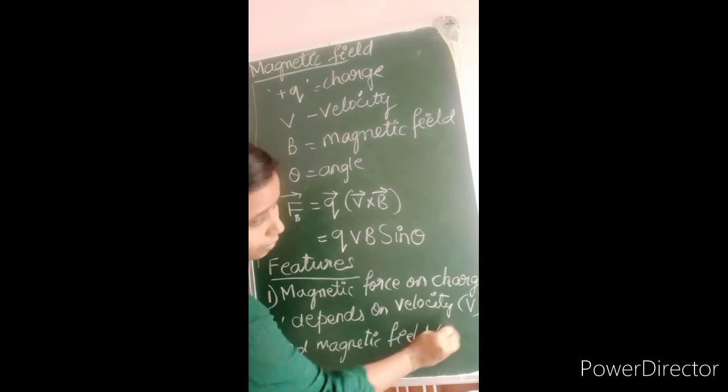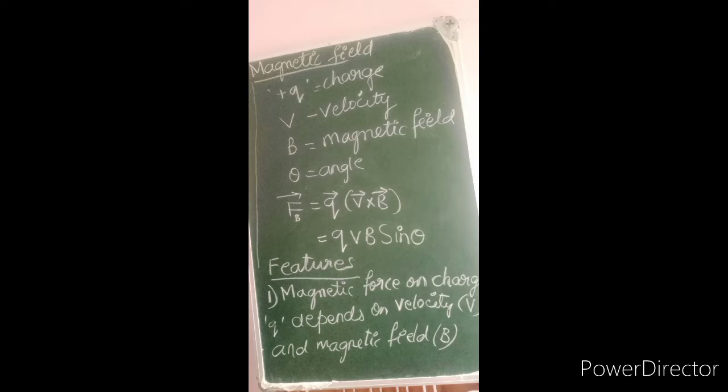The first feature is that the magnetic force on the charge q depends on the velocity v and the magnetic field B.